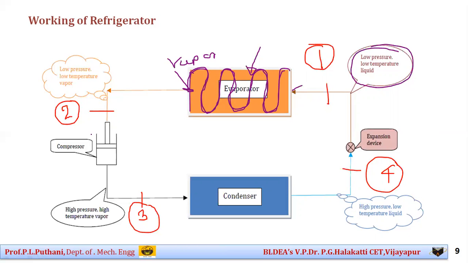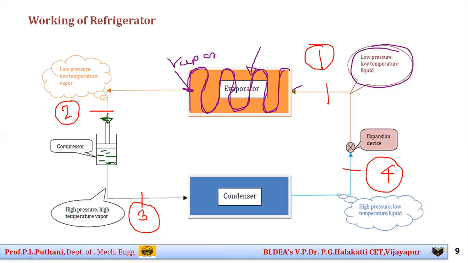It now enters the second part of the device. We call it the compressor. Within this compressor, the vapor refrigerant is compressed to higher pressure and temperature using the piston cylinder arrangement.